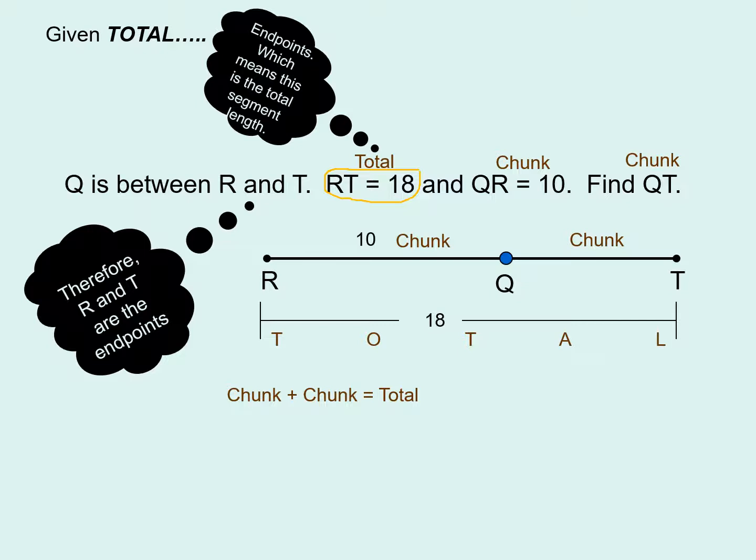But you do know that chunk plus chunk equals total. So the first chunk is QR, or you could call it RQ, that's fine. And the second chunk is QT. And you know that together they equal the entire segment, RT. You know that QR is 10. You don't know what QT is, but you know that the total, RT, is 18.